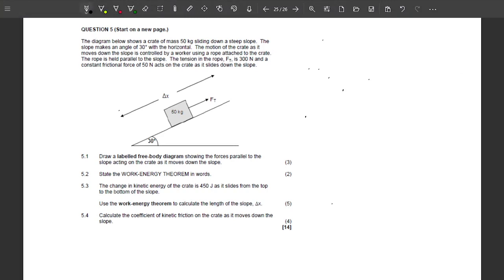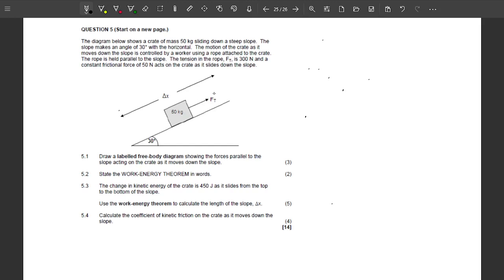It says the diagram below shows a crate of mass 50 kilograms, sliding down a steep slope. The slope makes an angle of 30 degrees with the horizontal. The motion of the crate as it moves down the slope is controlled by the worker using a rope.